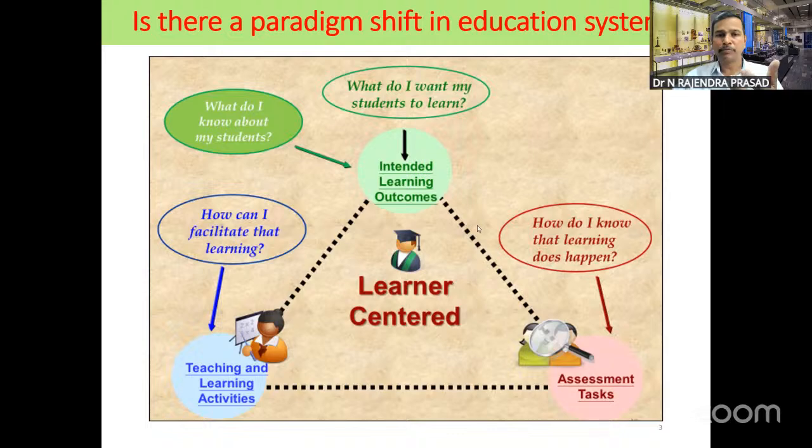Then once the assessment is done, you should understand what you want your students to learn. They are all going to be the outcomes. So you taught them, you assessed them, and whether the learner has acquired the related skills or not, whether he is capable of becoming employable, whether he is capable of going to higher education or not. All these things should be assessed.